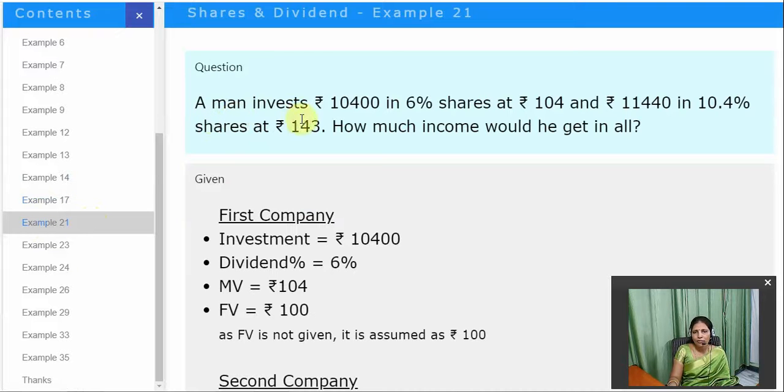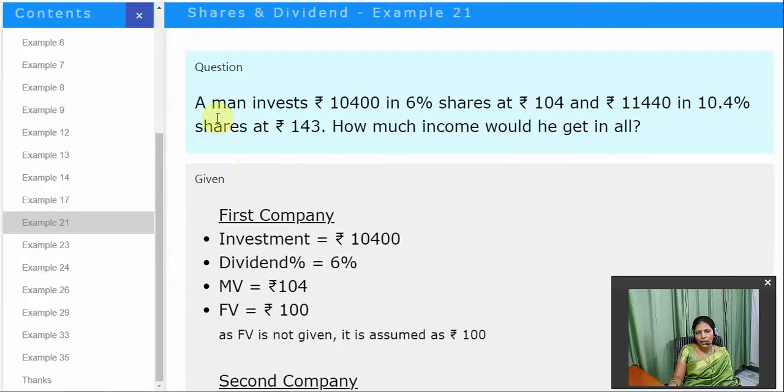A man invests rupees 10,400 in 6% shares at rupees 104 and again rupees 11,440 in 10.4 percent shares at rupees 143. How much income would he get in all?